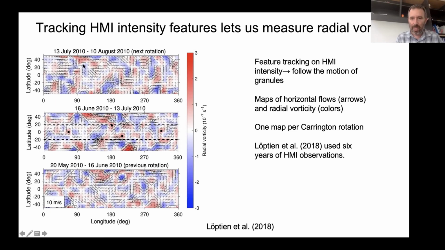And with HMI, we have a whole lot of data, which is great. In this paper from Bjorn, he used 6 years of HMI observations. For every rotation of the sun, he made one of these maps of horizontal flows and from those computed radial vorticity.